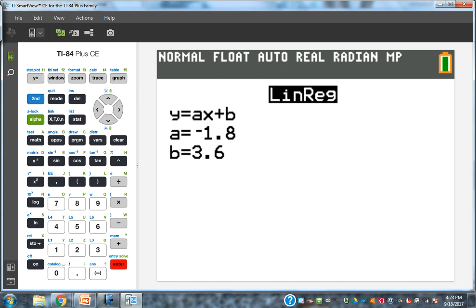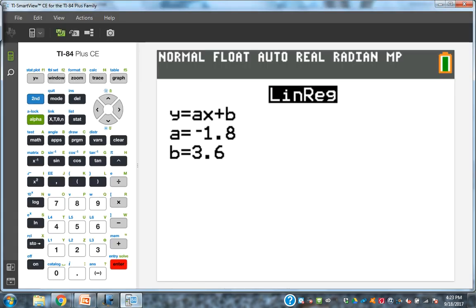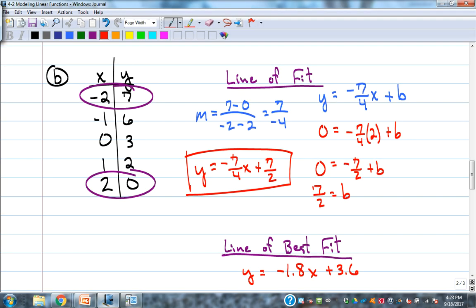And we get -1.8 as a slope, 3.6 as a Y-intercept. So Y equals -1.8X plus 3.6. Is that right? Yeah. No need to round that one. They came out to be exact values.